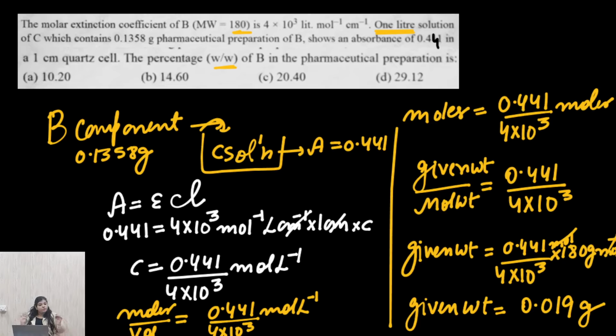What amount we added in the preparation of the solution was 0.1358. But based upon the absorbance that we are obtaining, the amount of B that is present in it is 0.019 something. So percentage weight by weight is going to be the amount we are obtaining in the solution, 0.019, upon the amount that was added, 0.1358.